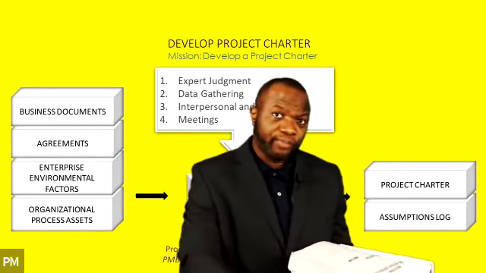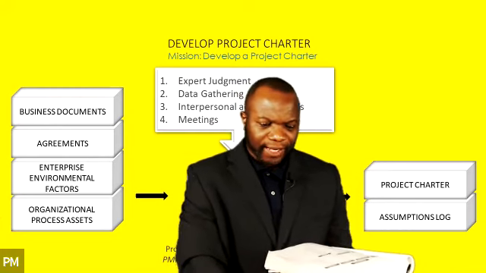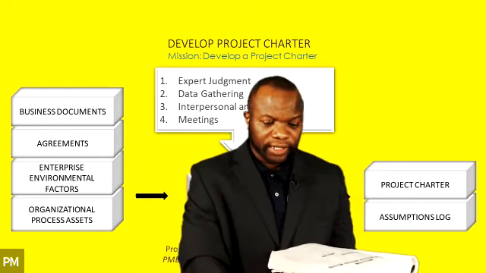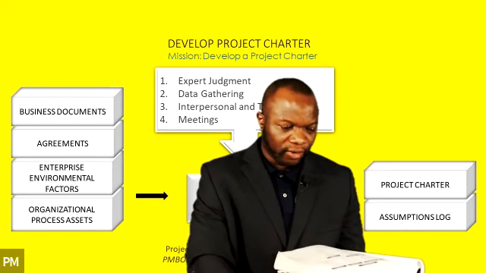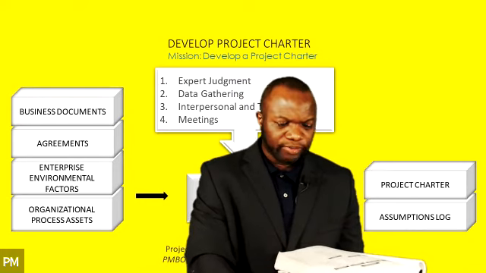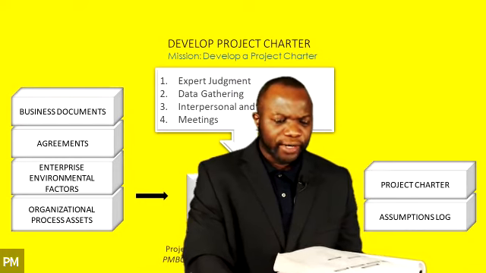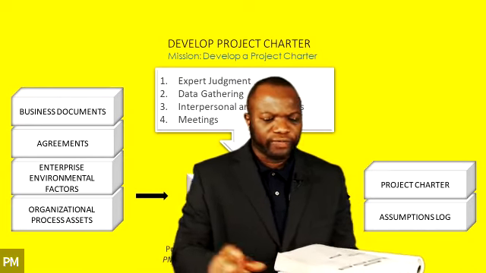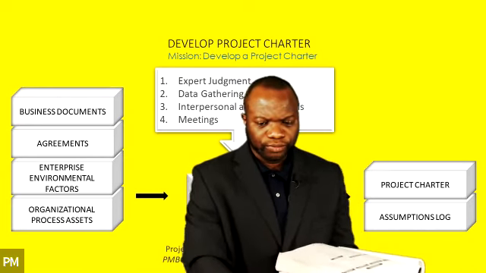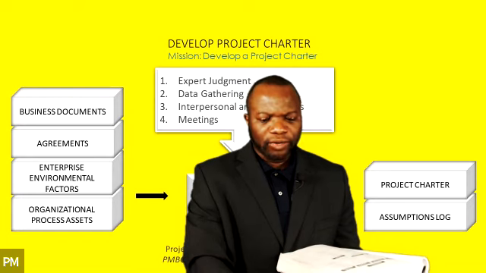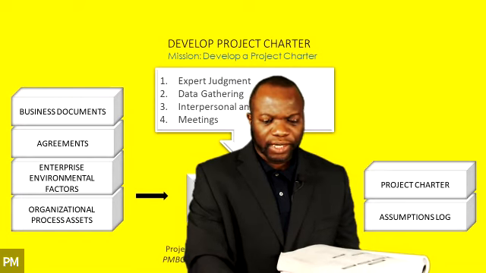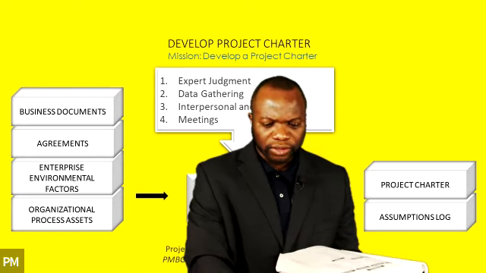Now, for every process, there is a high level but also a lower level of detail that I'm going to show you. And the lower level of detail can be found in the PMBOK Guide as well. We just got to go a layer under.